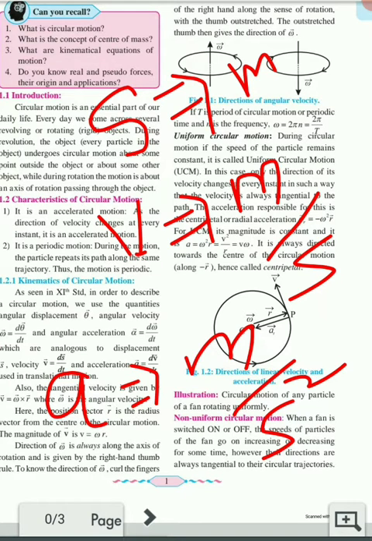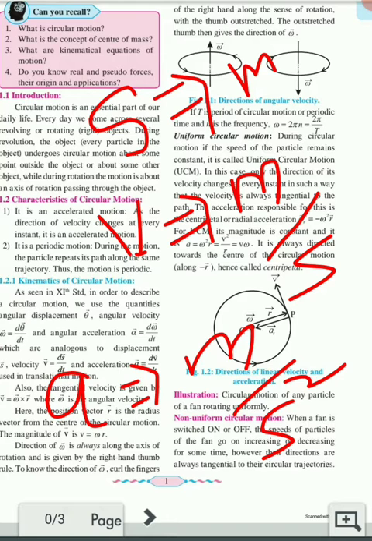Okay, we can define all these parameters related to the corresponding motion. Linear displacement is the change of position of a body in a particular direction.